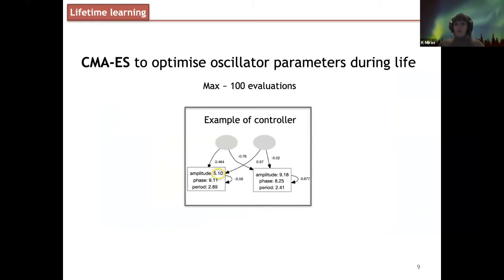For the lifetime learning, remember we have two types of experiments. Everything I said so far applies for both types of experiments, but lifetime learning applies to only one of them. Instead of just keeping those parameters as the L-system provided to us, we adjust these parameters using an evolutionary strategy, for a maximum of 100 evaluations.